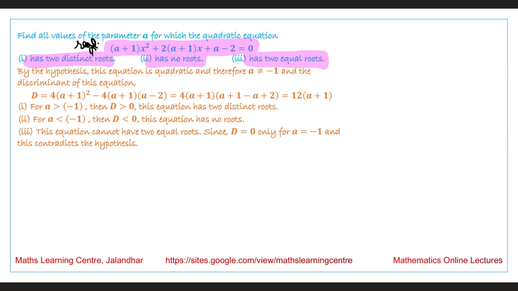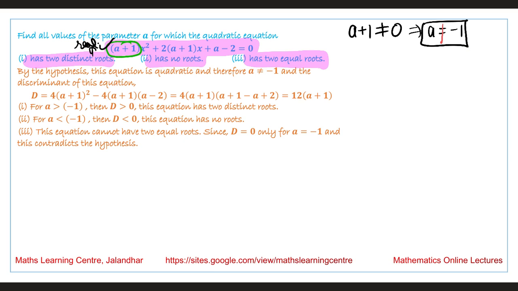When we say distinct, we are talking about distinct real roots. Now it is given that this is a quadratic equation, so the first thing we have is that a plus 1 cannot be equal to 0. So this implies that a cannot be equal to minus 1, because this is a quadratic equation.